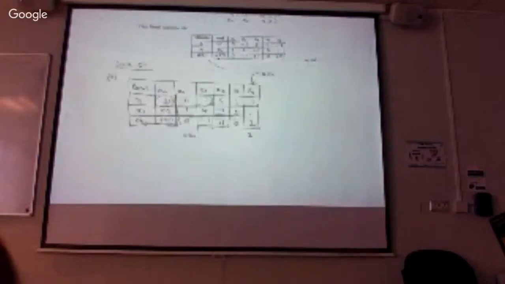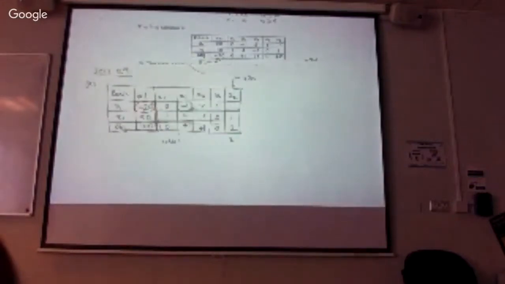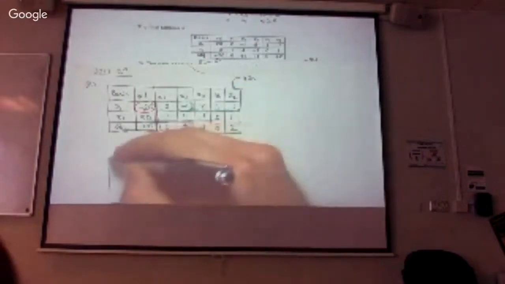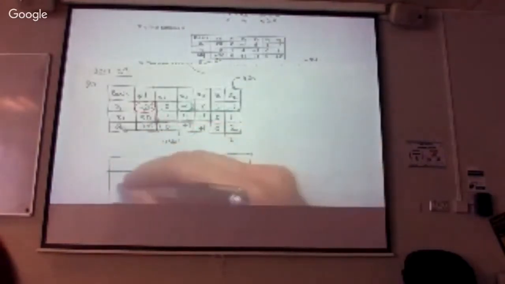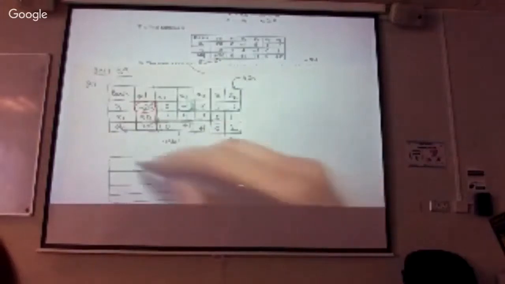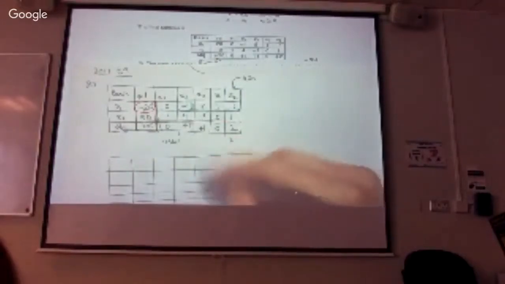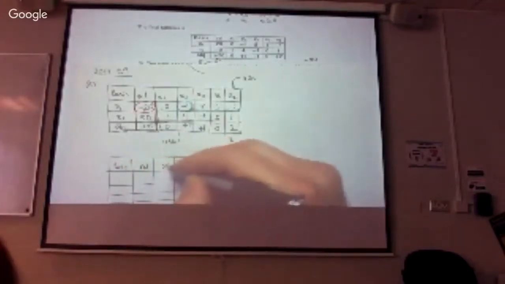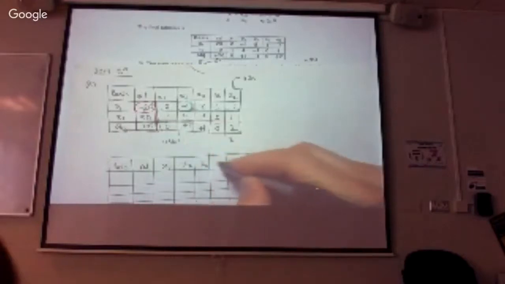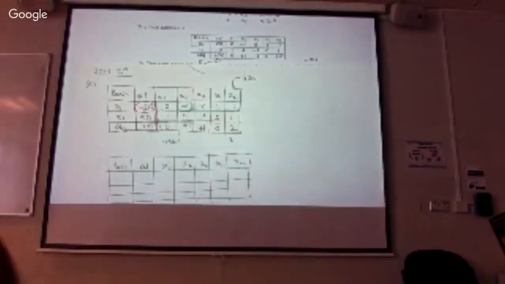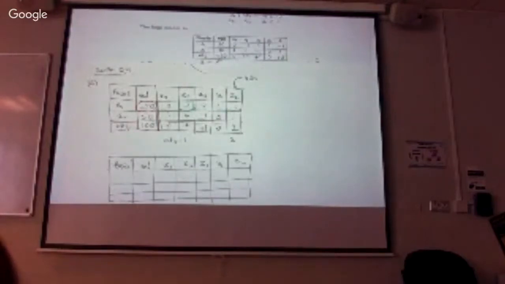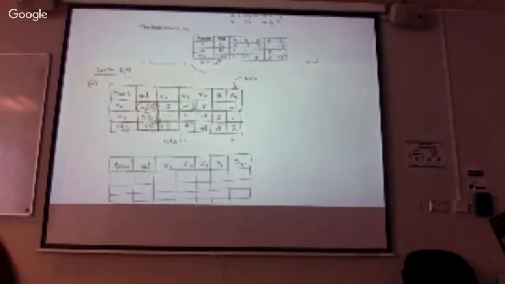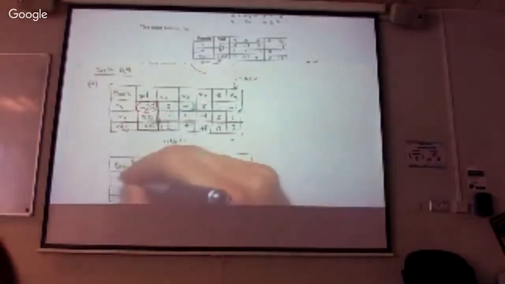And the pivot step, even though it's called a dual pivot step, the actual pivot step is just exactly the same as normal. You can use Excel, or you can use MATLAB, or you can use whatever you want to get the values in the exam. So S1 gets replaced with X2.